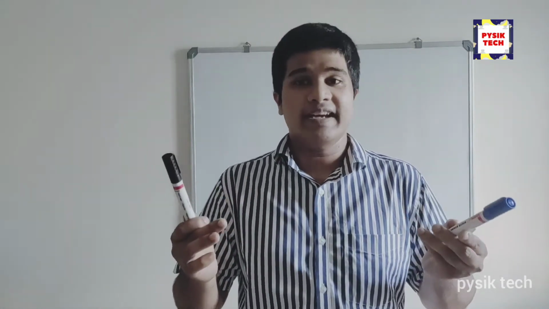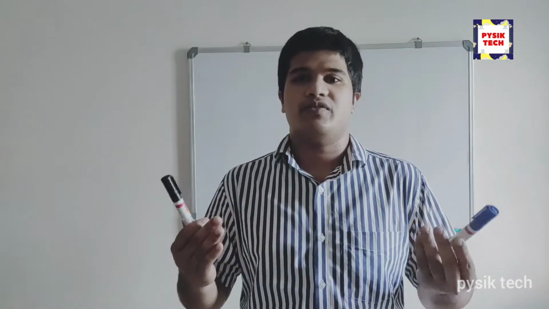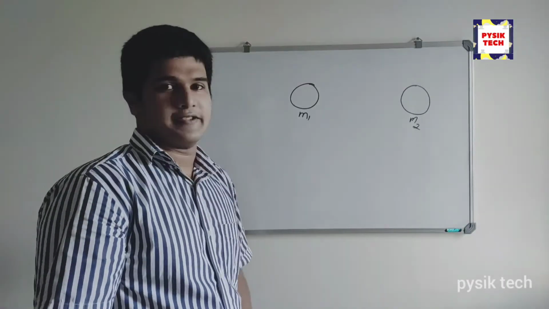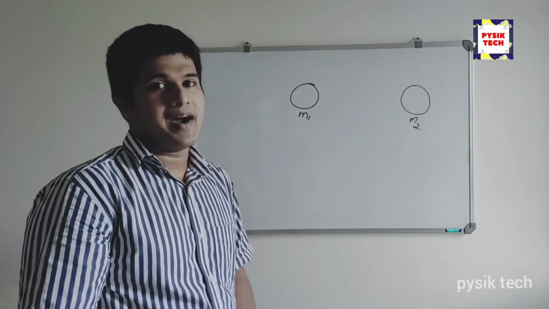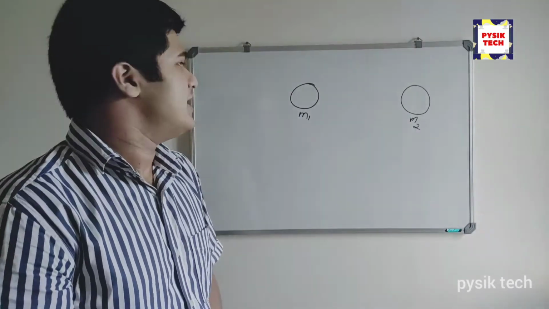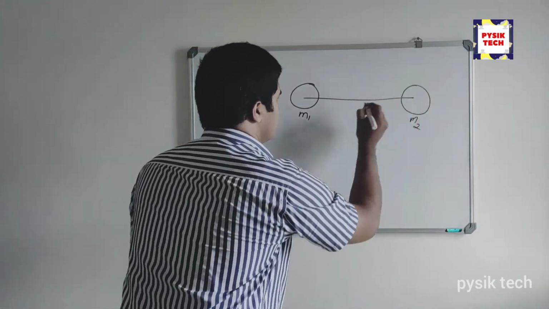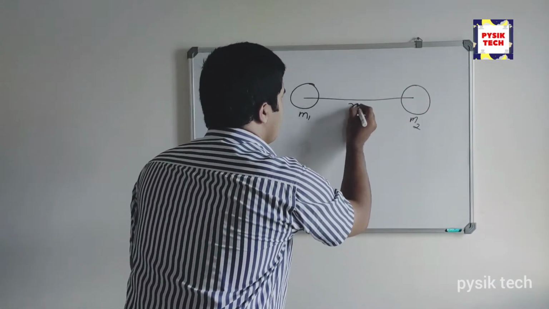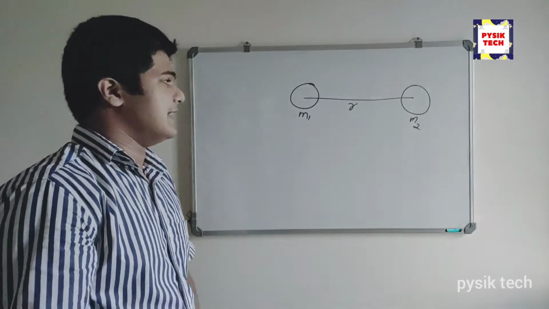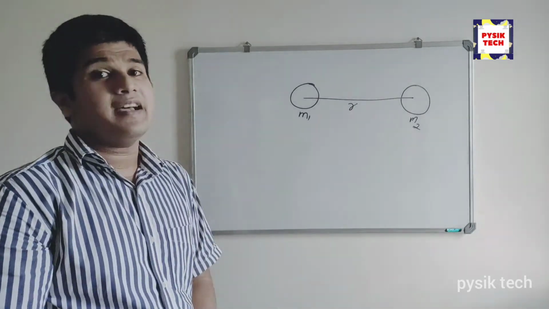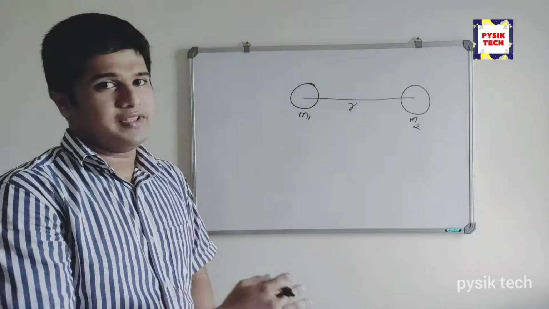Then what will be the gravitational force between them? Consider there are two bodies having masses m1 and m2 situated at a distance r between them. Then what will be the force between them?